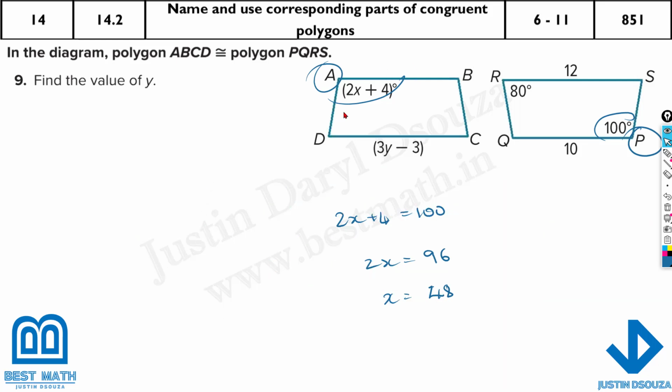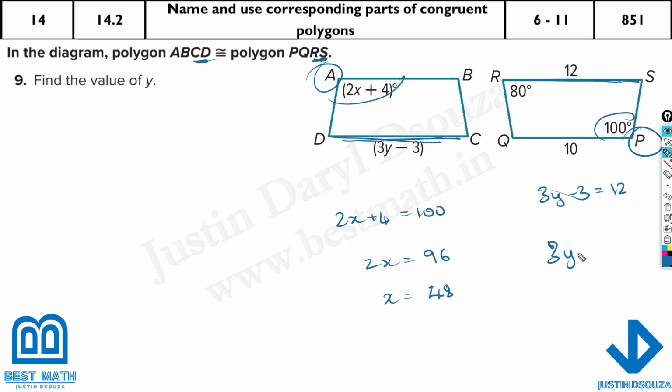What about the same question for y? Now here, what is y exactly? It's D, right? Sorry, it's DC or CD, you can take it as. Which is the congruent line over here? It's RS, not any other thing. Where is RS? This is the line. So we can tell 3y minus 3, that is CD or DC, is equal to RS or SR. That is equal to 12.